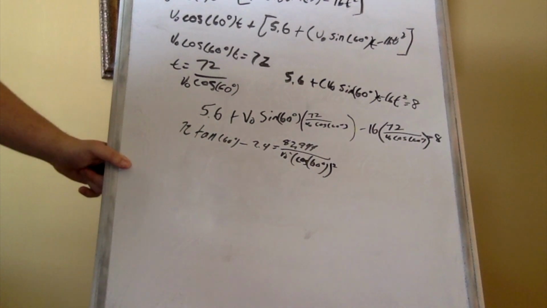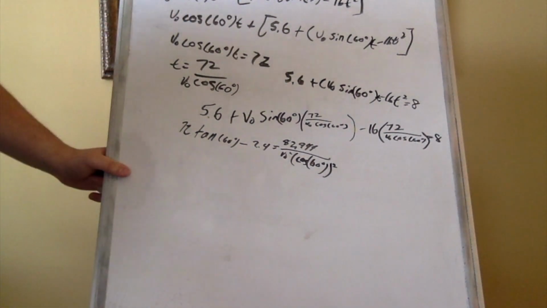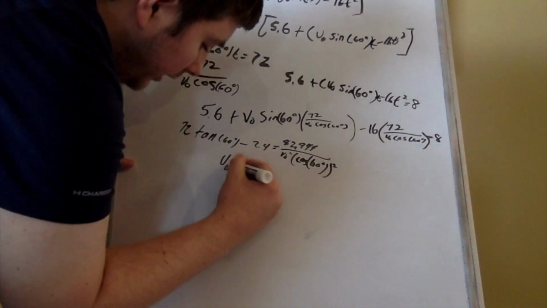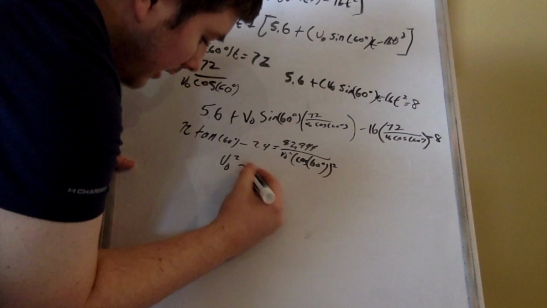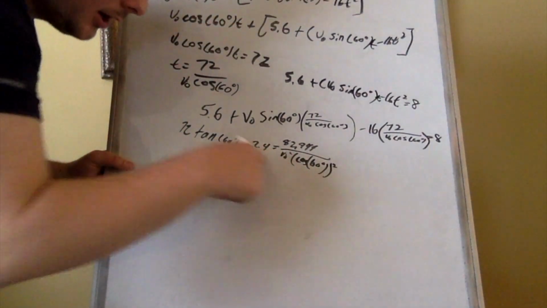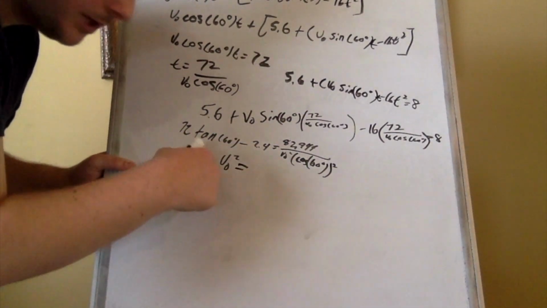Now you're just going to get this onto the other side. So then V naught squared equals all this, because we're going to take the V naught and move it over here so we can get V naught squared by itself.